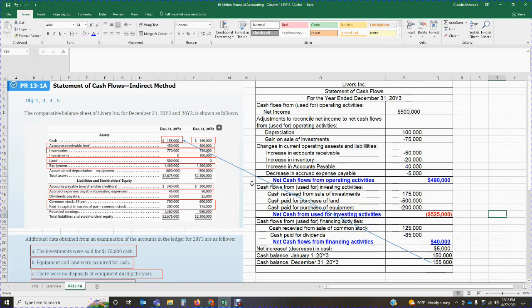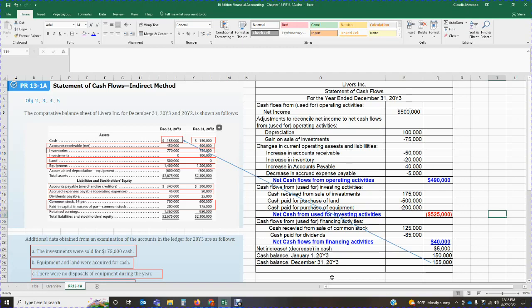So this number corresponds with our ending balance of cash on our balance sheet, so we are good. It is very important that you always make sure that your ending cash balance on your statement of cash flows ties to your ending balance on your balance sheet. That confirms that you've done it correctly.